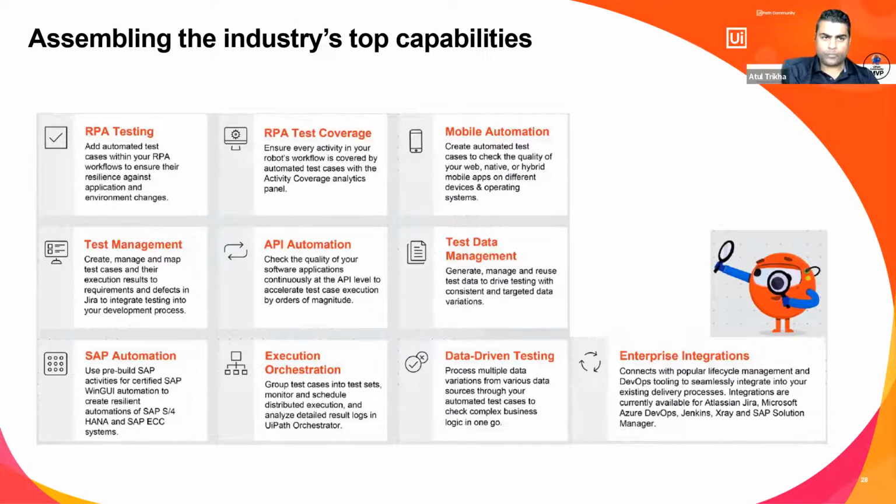Then you can automate Windows applications and web applications. You can use SAP; there are connectors and specific activities available for SAP automation out of the box. Not only that, there are scenarios where you have to do API testing also. So the test suite also supports API automation.